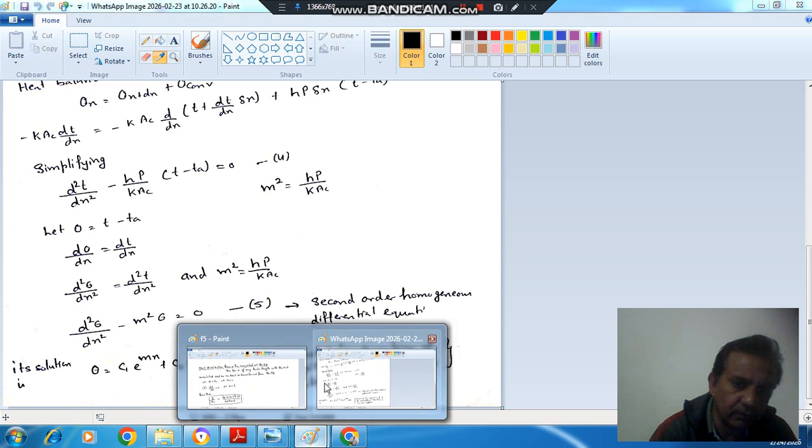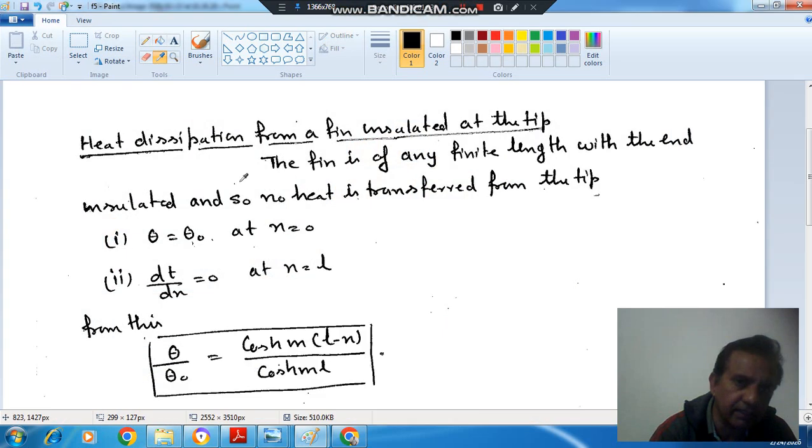So here we have this case, that is heat dissipation from a pin insulated at the tip. The first boundary condition is the same as that of a pin of infinite length, that is theta is equal to theta naught at x is equal to 0. It means the temperature at x is equal to 0 is the base temperature, that is T is equal to T naught, or theta is equal to theta naught.